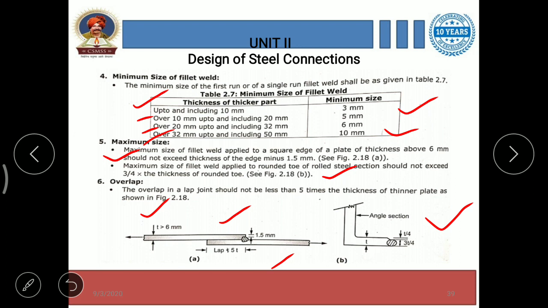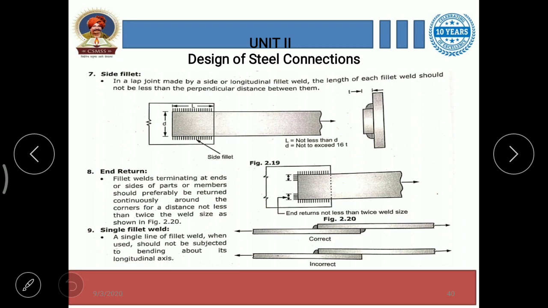Then the next specification is side fillet. In a lap joint made by side or longitudinal fillet weld, the length of each fillet weld should not be less than the perpendicular distance between them. This is the side fillet shown here.